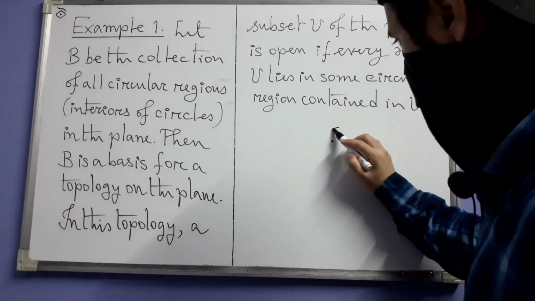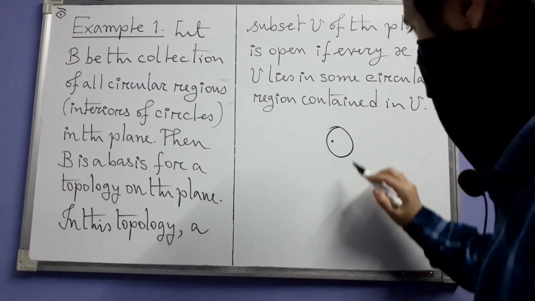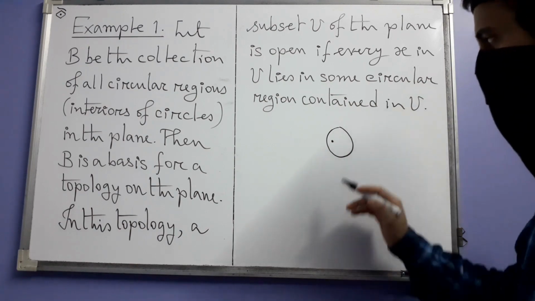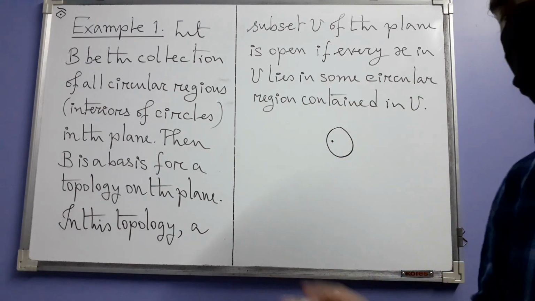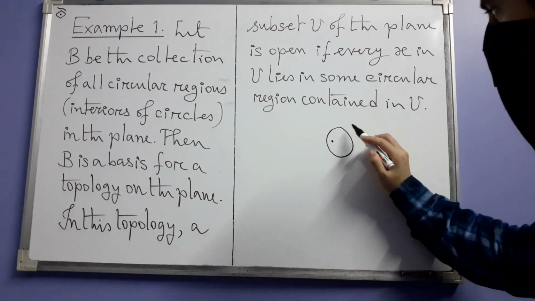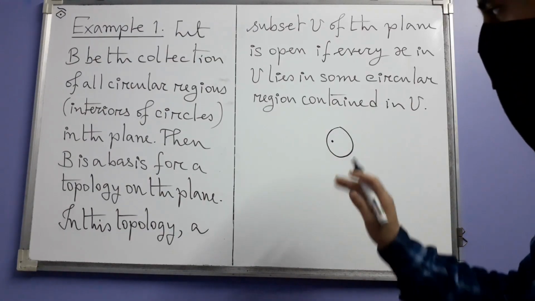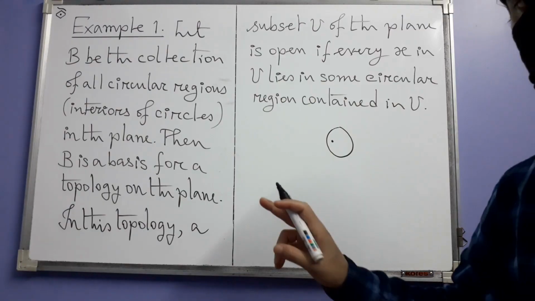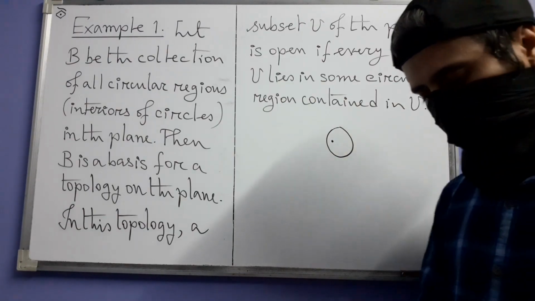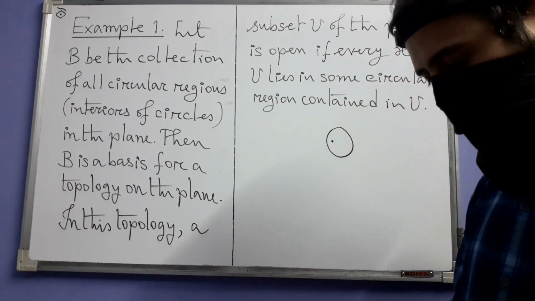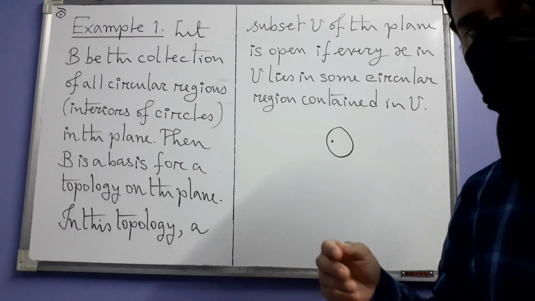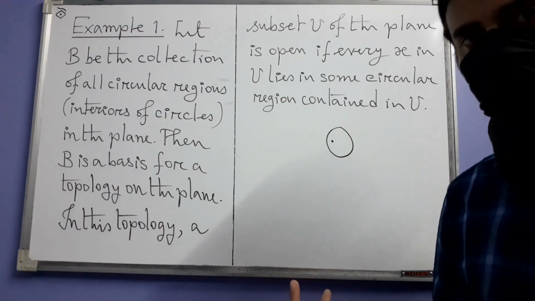Then obviously you can draw a circle which has that point in its interior. The drawing is not good, but you get the point. So you can draw a circle sufficiently large so that the point lies in the interior of the circle. To be somewhat more aesthetically pleasing, you can choose a circle which has that point as its center.